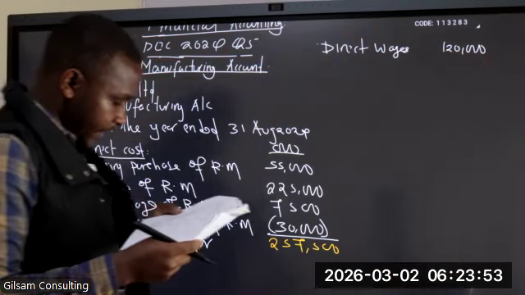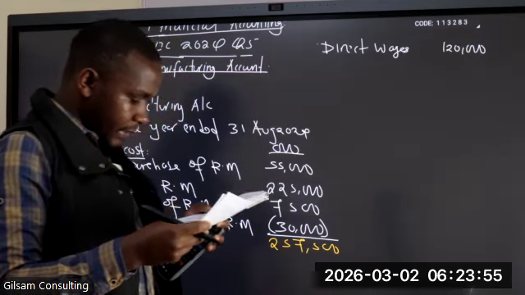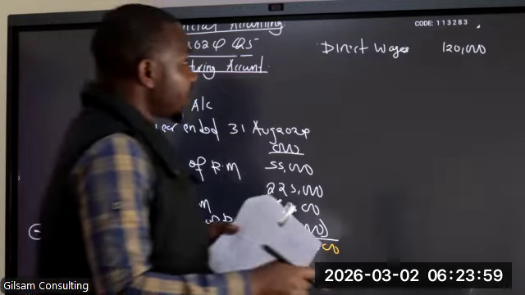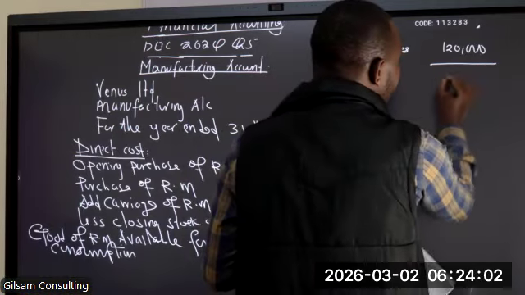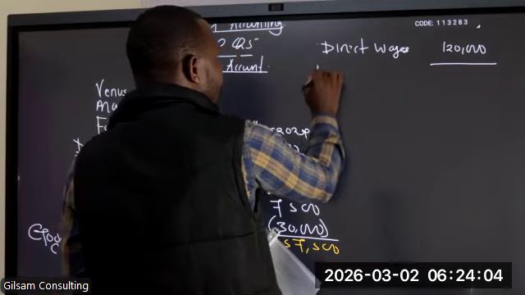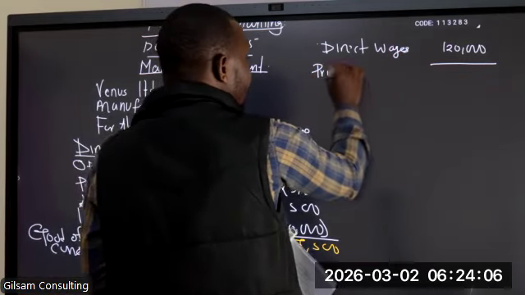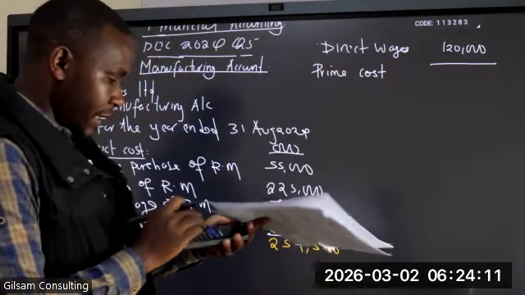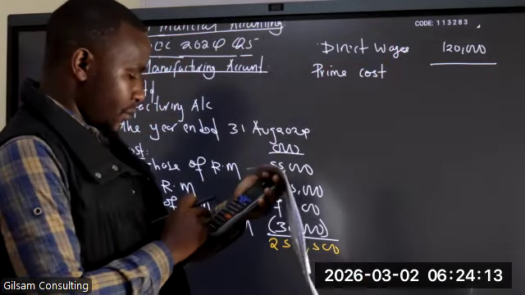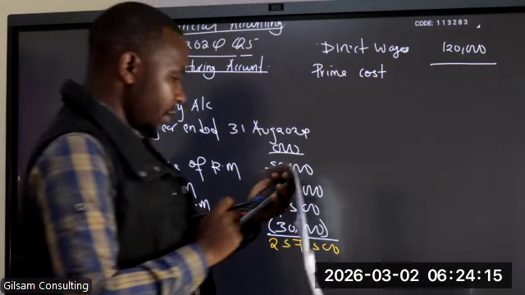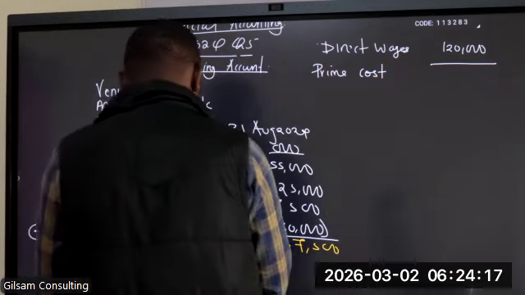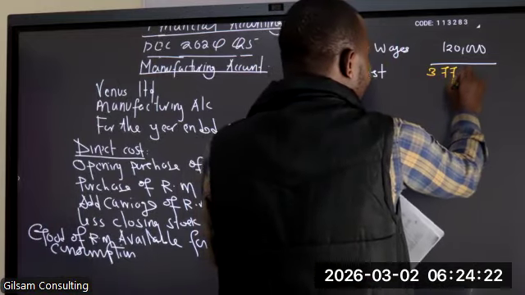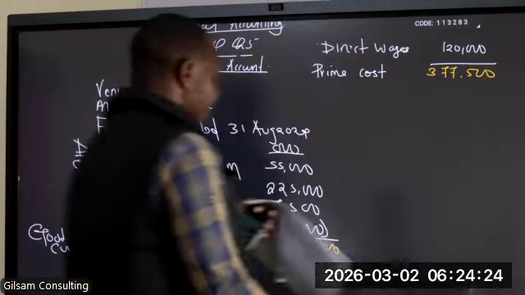Anything which is written direct, I'm not seeing it. So if you add, you get the prime cost. Prime cost, so plus 120,000, so we get 377,500 as the prime cost.